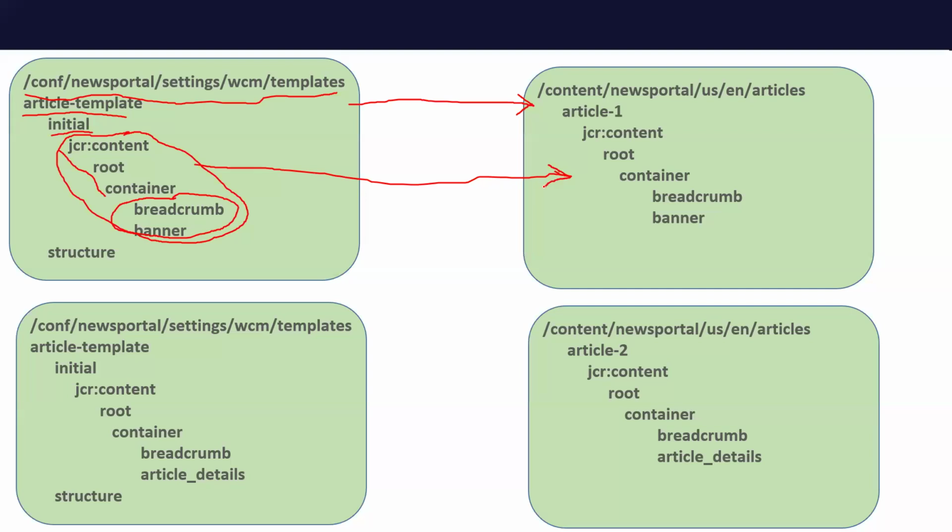This activity will execute only at the time of page creation. Whatever nodes and properties are available in the initial node of the template will be copy-pasted from template level to page level.